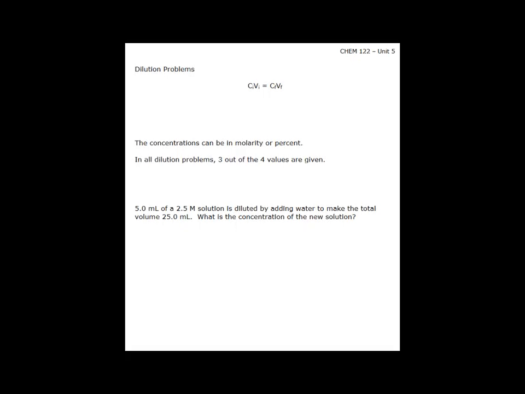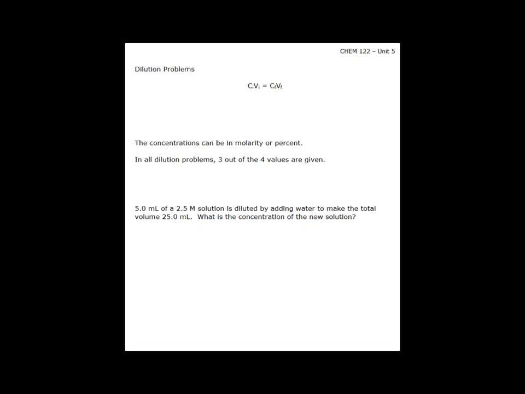It turns out that this technique, dilution, is used often. It's much easier to make a very concentrated solution and then just take a little bit of the concentrated solution and add more water to it. This is done frequently to keep costs down. If you have a solution that's less concentrated, you're transporting just water.